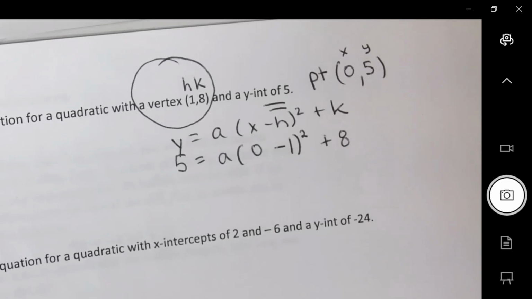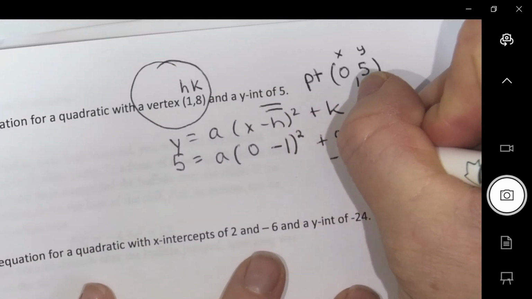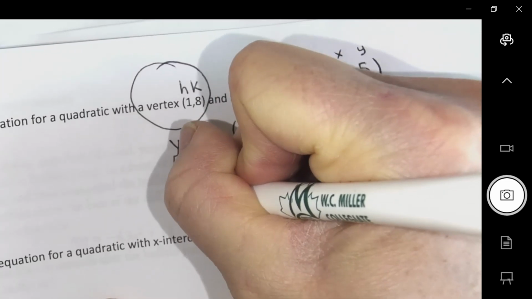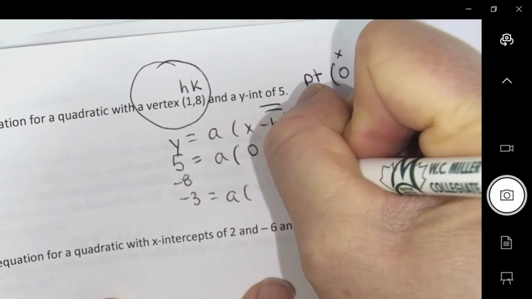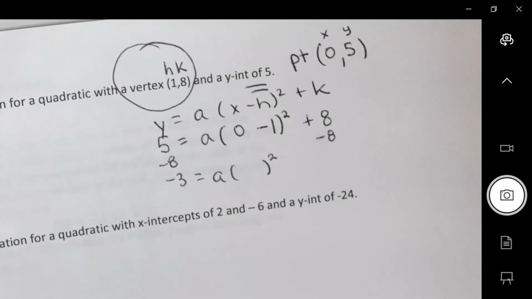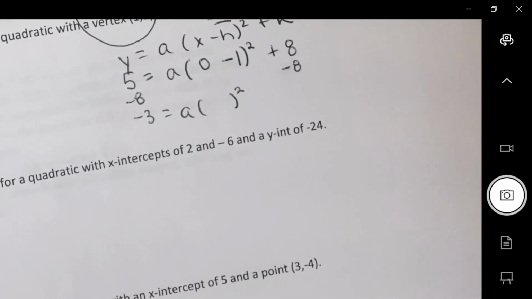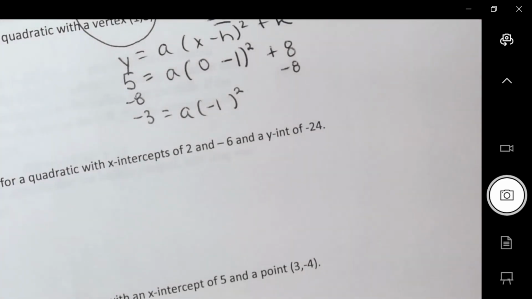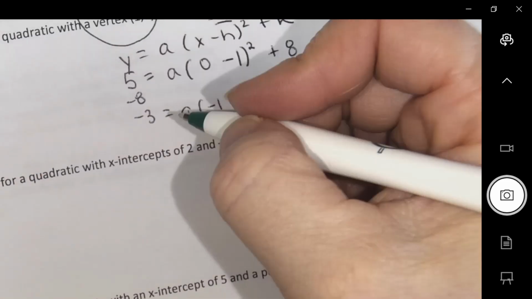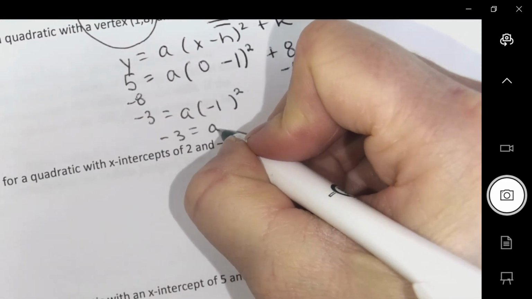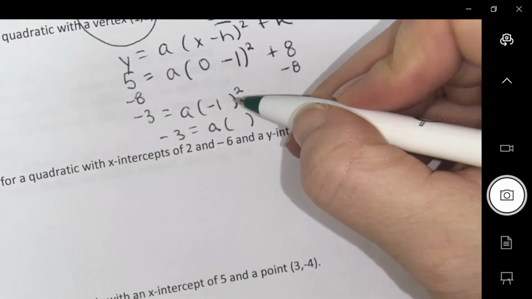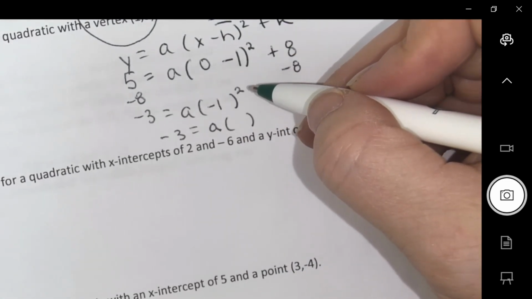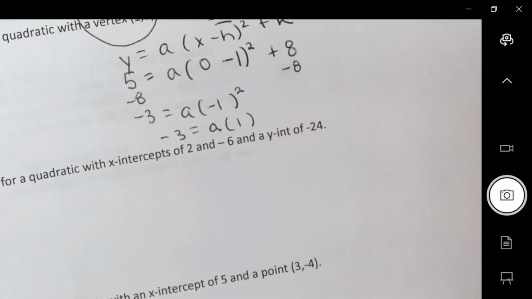Okay, so let's get the a. So I'm going to -8, so I subtracted 8. 0 subtract 1 makes a -1. If I were to do a -1 squared, it would be a +1.